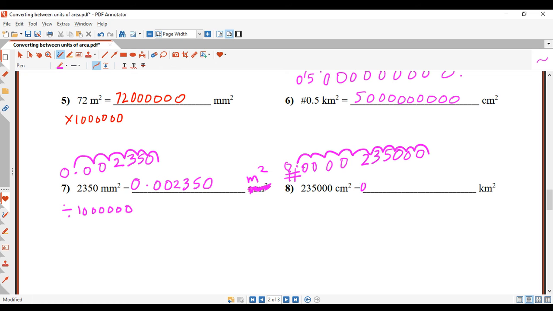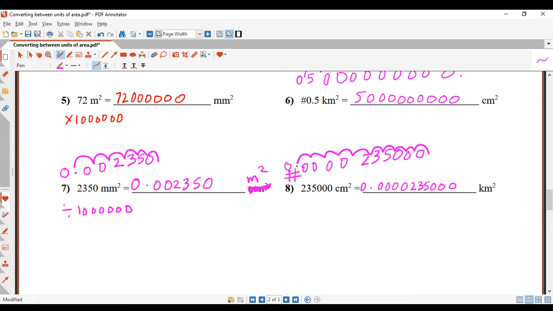So writing that down, I've got 0 point. There's 1, 2, 3, 4 zeros there. Okay, and then I've got 2, 3, 5, and then followed by 0, 0, 0.